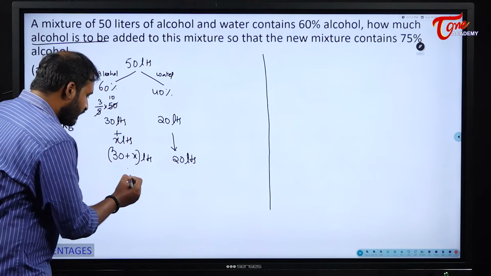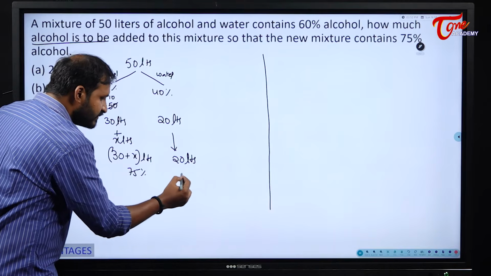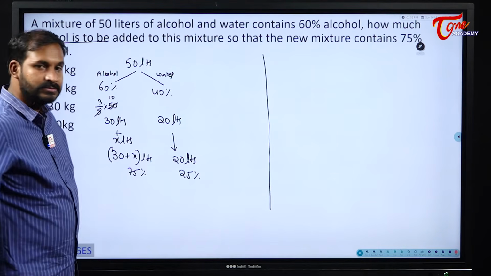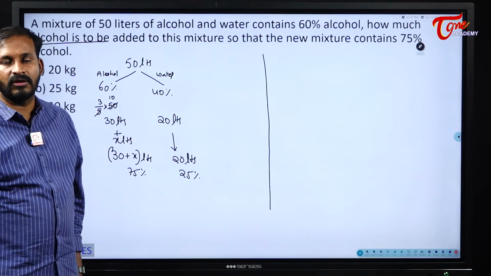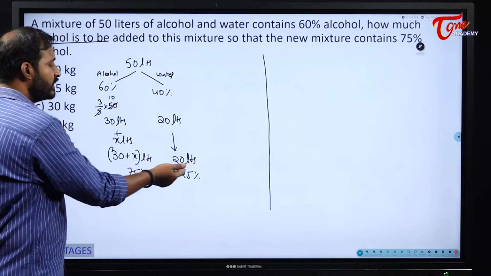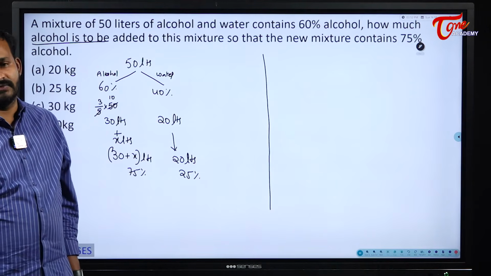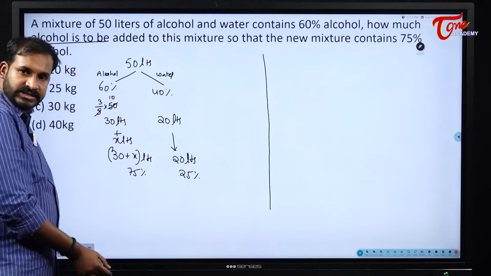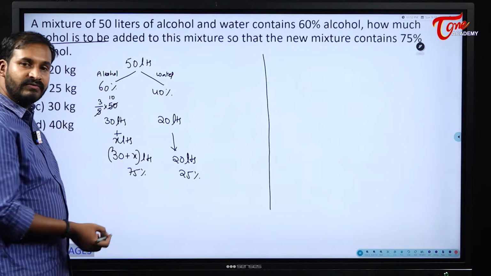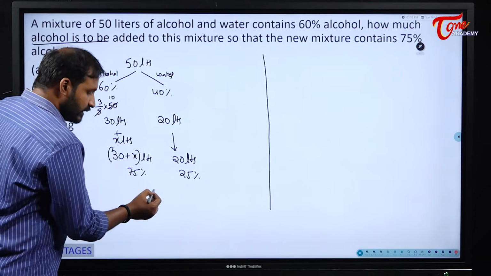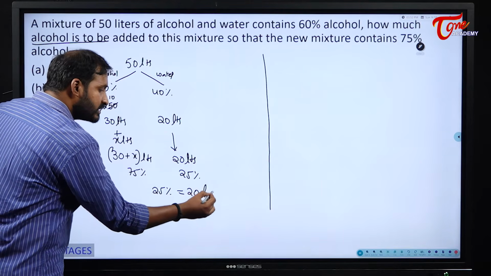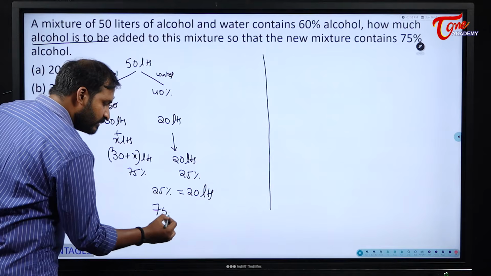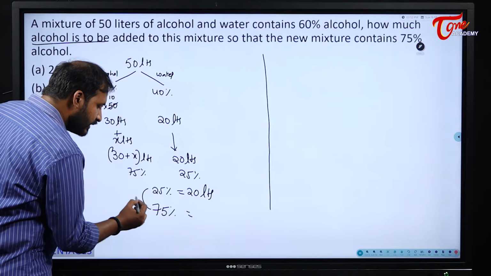Now, this is 75% and this is 25% according to the question. Why? Because we need to convert this 60% alcohol to a 75% alcohol. That means now the water content will be just 25%. So, 25% is 20 liters. If 25% is 20 liters, what about 75%? 75% will obviously be into 3, right?